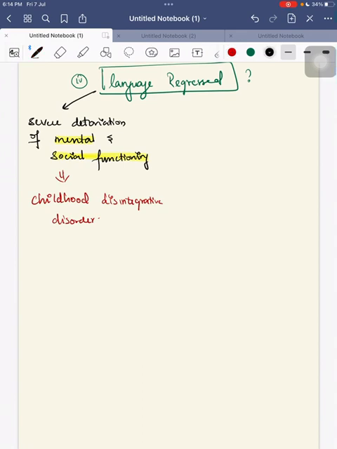Okay. Second, you have to look for whether there is a regression of motor milestones, vision and cognition. Then the child can present with what is called a neurodegenerative disorder.